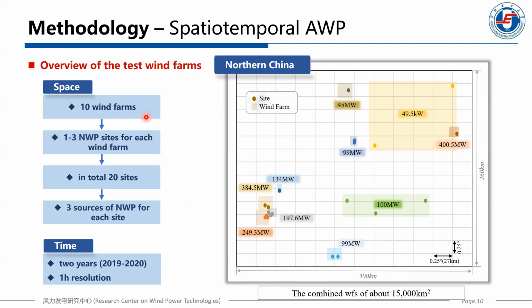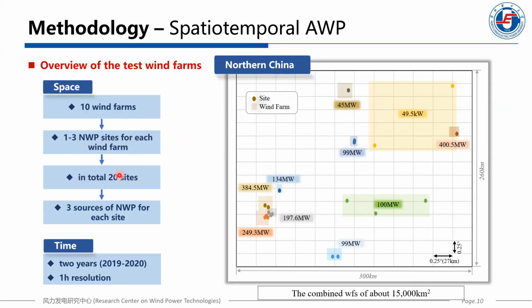If one wind farm is very large, and the topography is not that flat, we will also consider the topography. There are different sources of NWP and also different sites of the NWP in one wind farm.